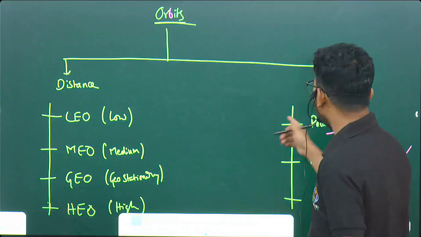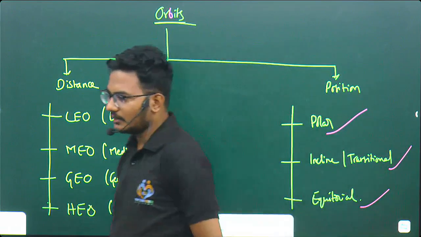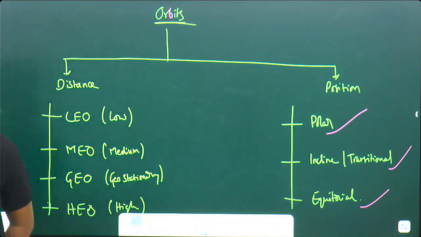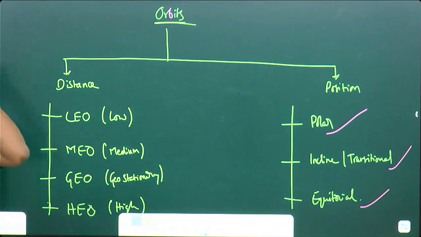Write down: polar, it covers polar regions. Second one, inclined or transitional, it covers the regions between polar and equatorial regions.